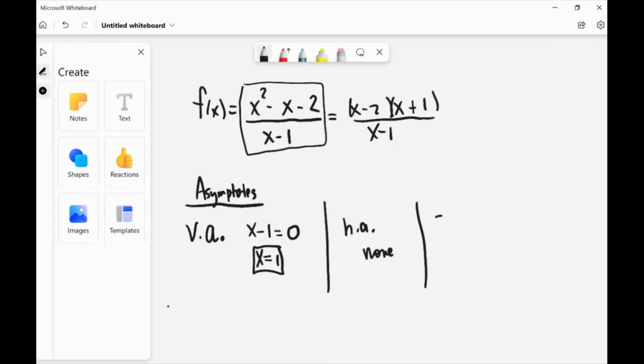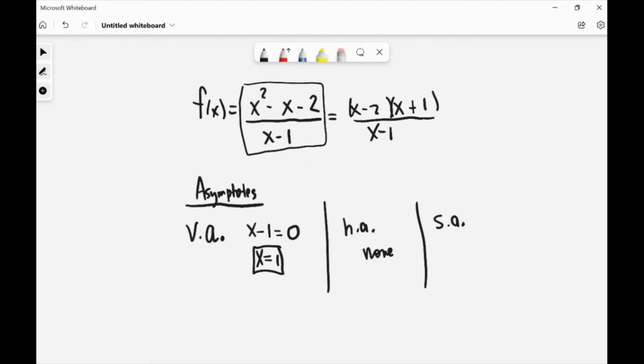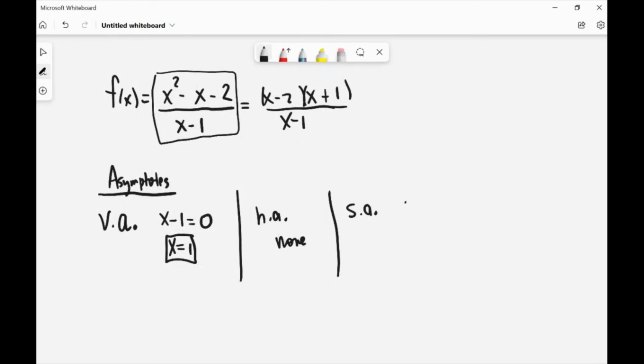All right, slant asymptote. How do we find that? How do we find the slant asymptote? We can just use long division or synthetic division. Correct. All right, let's go with long, but you can use synthetic too. So x squared minus x minus 2.